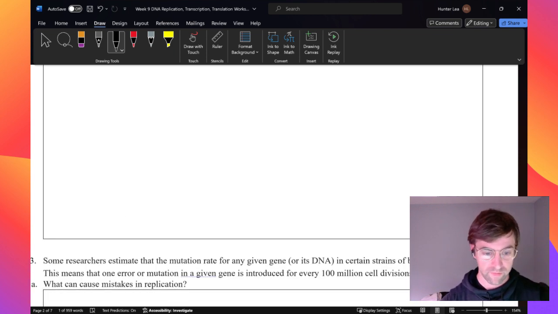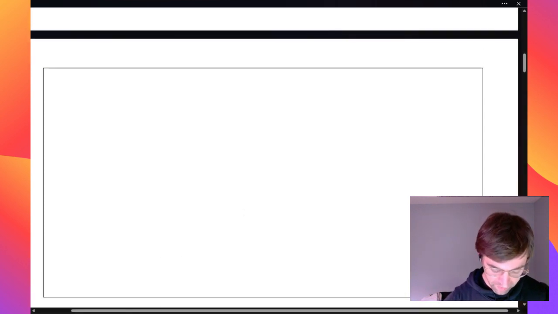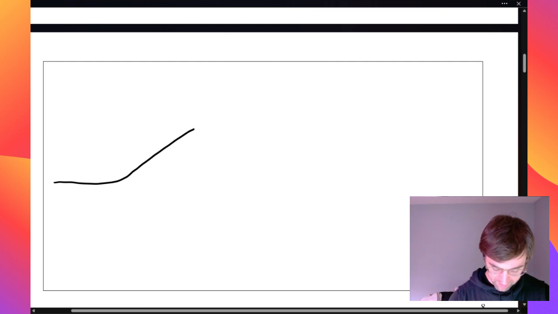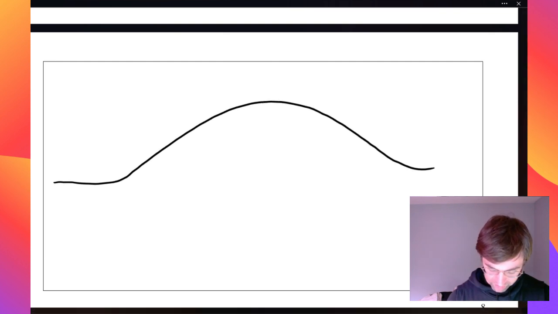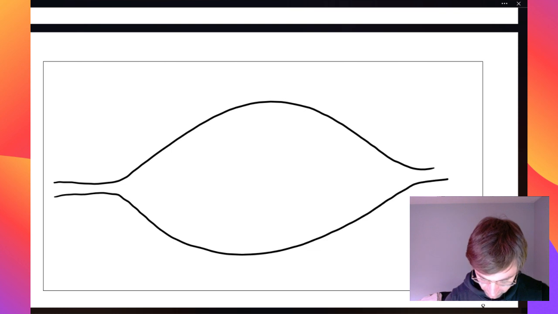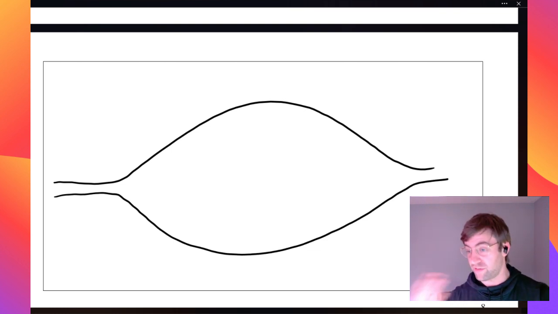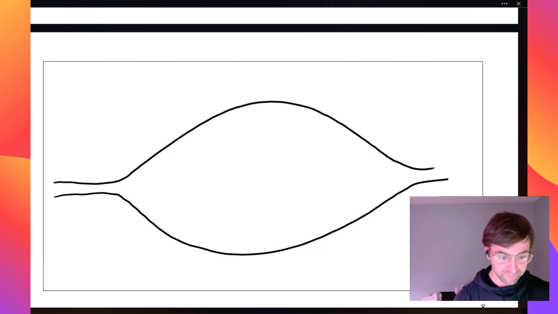All right, let's start with our parental DNA. We're going to have a strand that starts here, and this branch will make sense in a second. And then we're going to have its corresponding partner in the double helix.